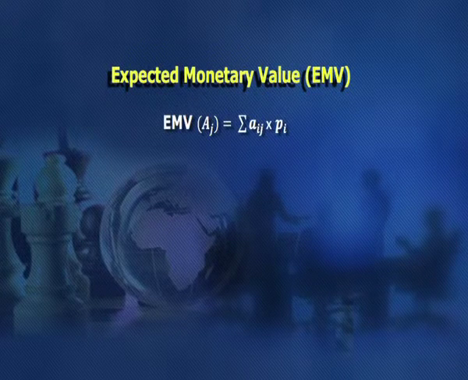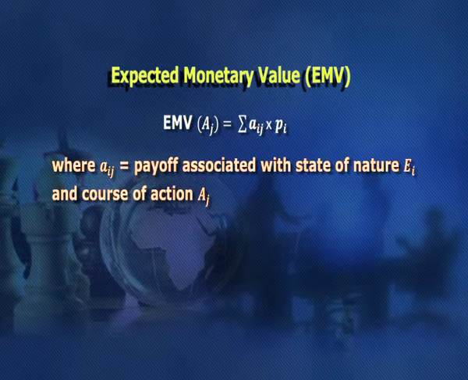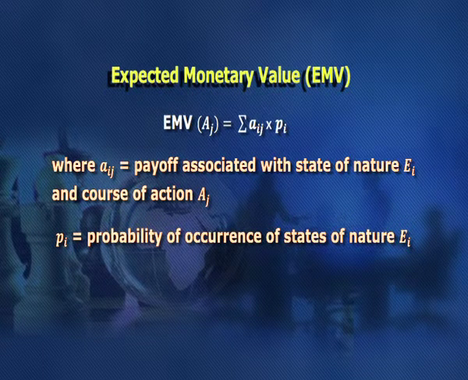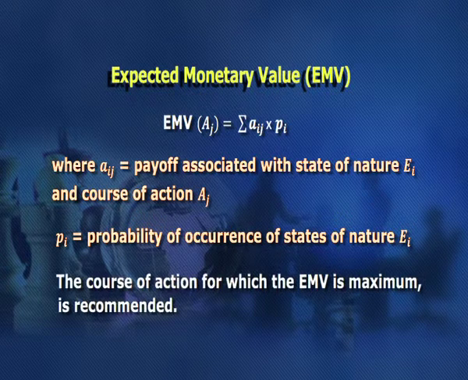In formula, you can say EMV(Aj) is equal to summation of Aij into Pi, where Aij is equal to the payoff associated with state of nature Ei and course of action Aj. Here Pi is the probability of occurrence of state of nature Ei. The course of action for which the EMV is maximum is recommended.